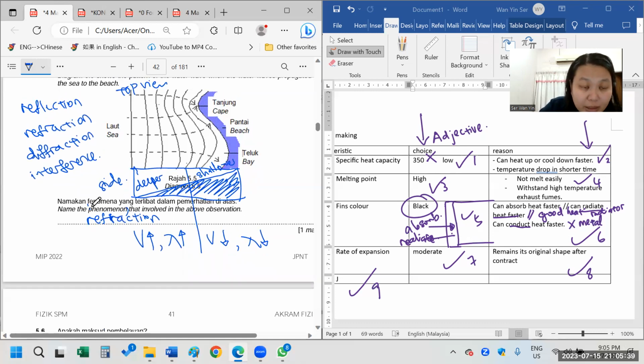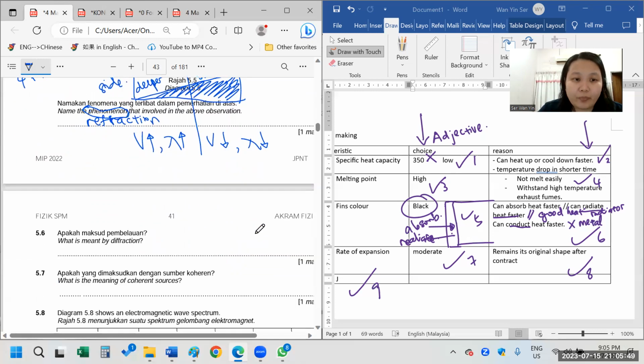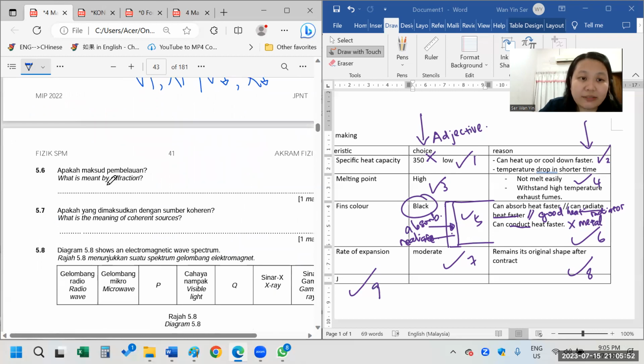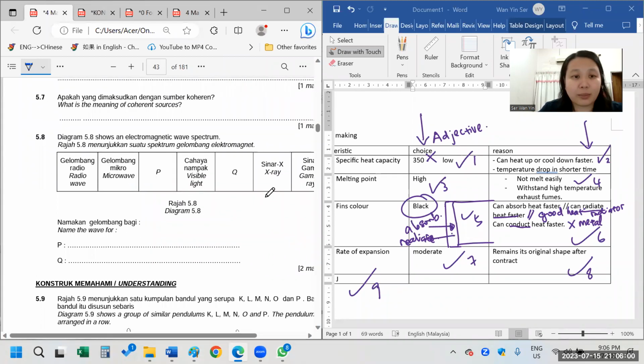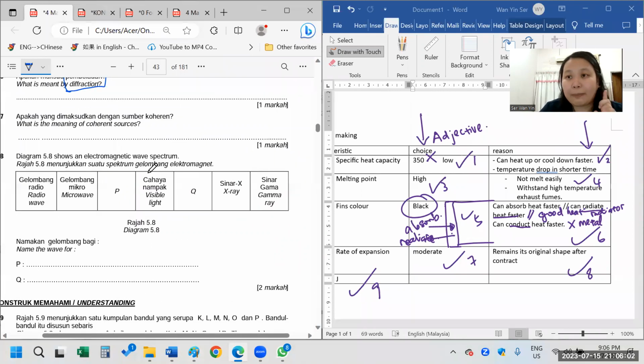So be careful when they mention phenomenon of wave, only got 4 answers: 1, 2, 3, 4. Okay, so this is diffraction. What is diffraction? Check back yourself. This one is a must to memorize.